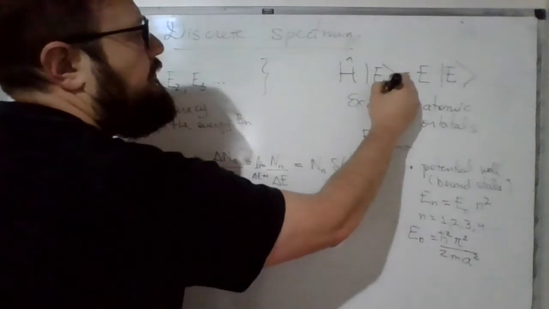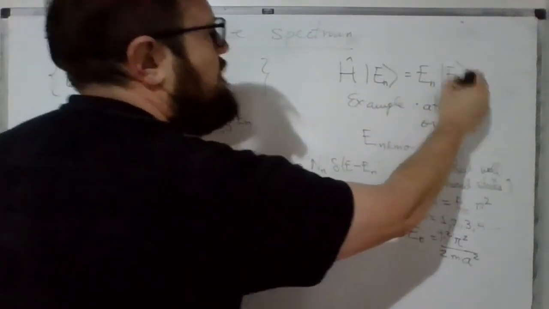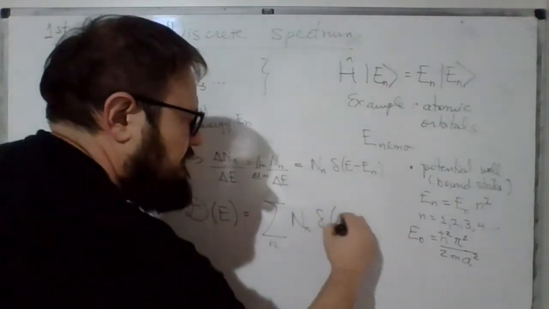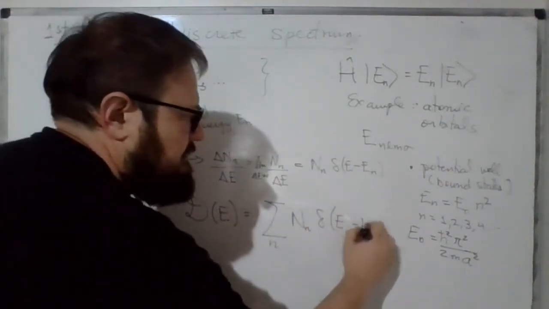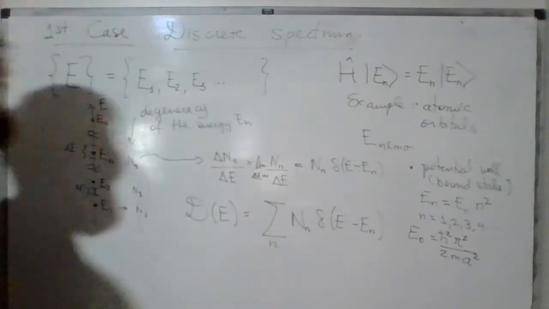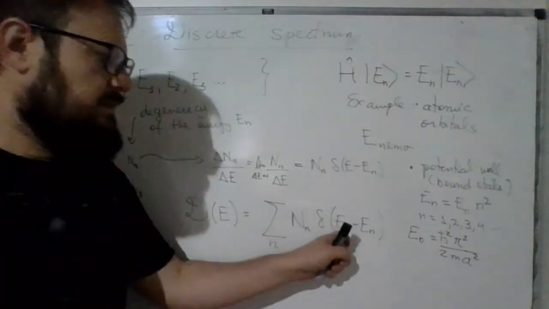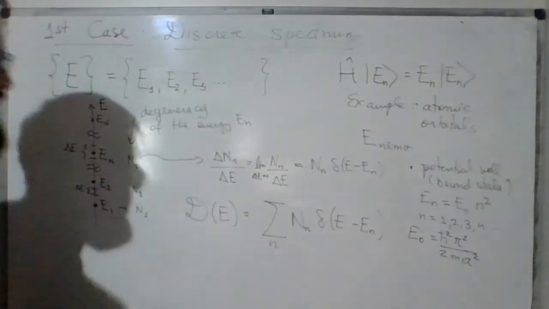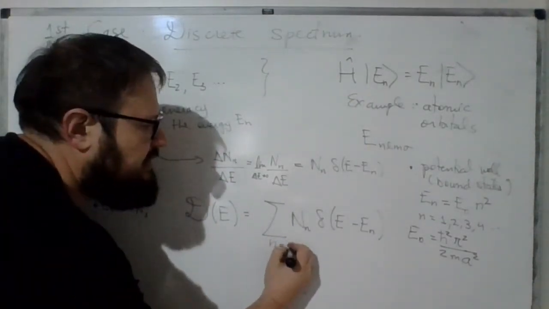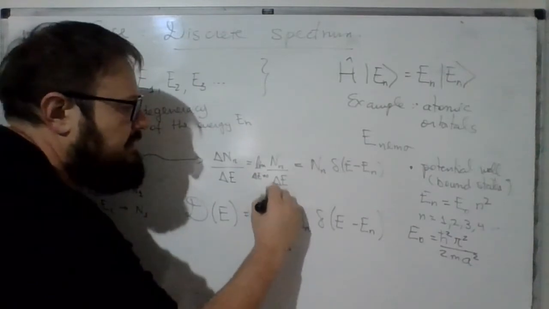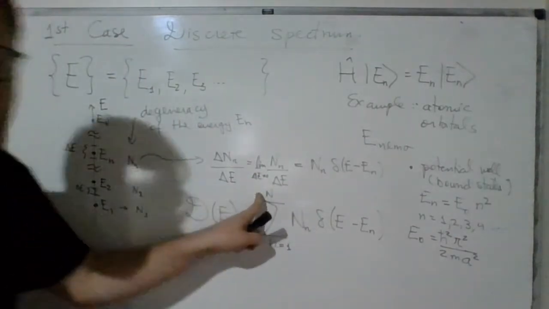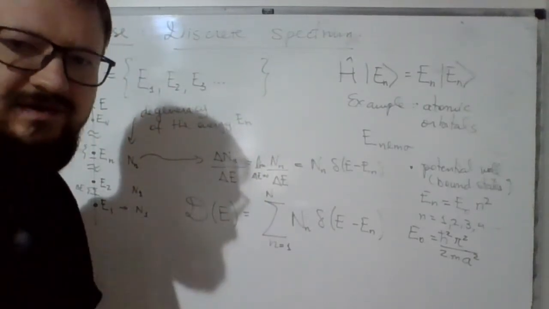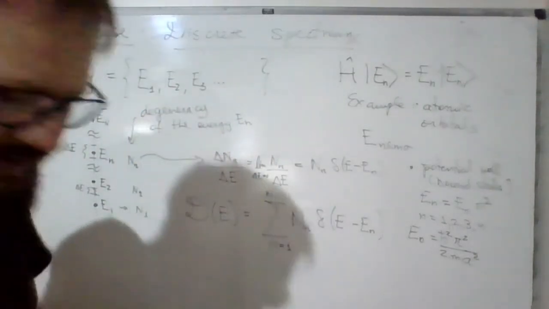I could insert an index here, times the Dirac delta, calculated as E minus En. And you sum over all the possible states from 1 to capital N, and this capital N can go to infinity. So this is the density of states in a discrete scenario. Okay.